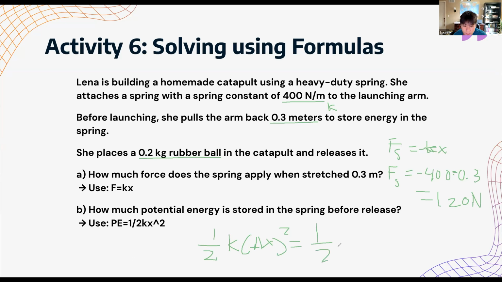So 1/2 times 400 times 0.3 squared. You can just use your calculator to solve this. It'd be 200 times 0.3 times 0.3, which is equal to 18 joules of potential energy stored inside. Nice. Does everyone understand what happened?